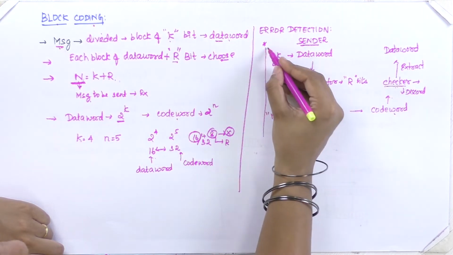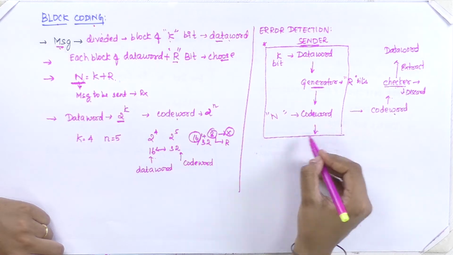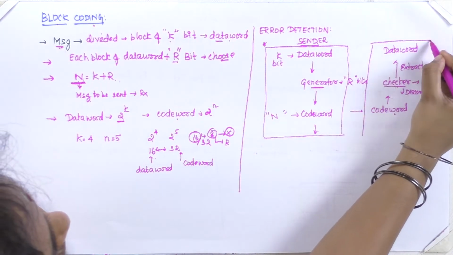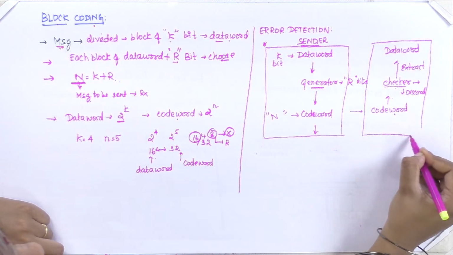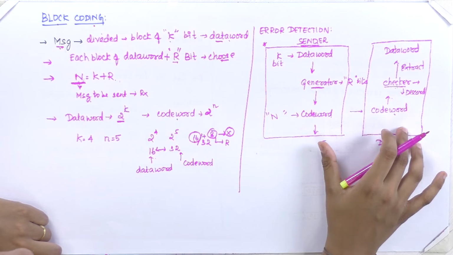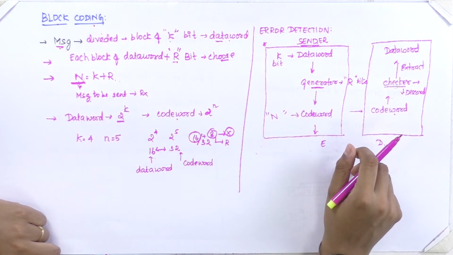So I can simply say that it is the encoding concept at your sender side and this one is the decoding concept at your receiver side. So this is the normal design of how your error detection happens.